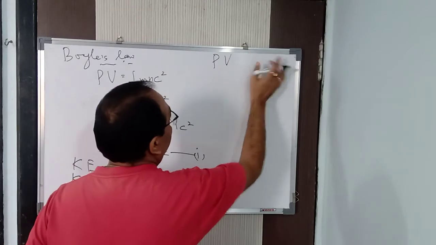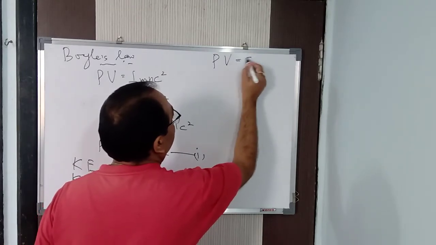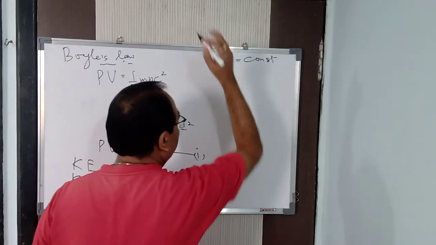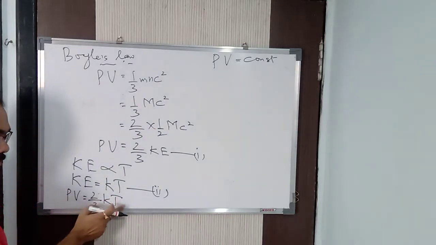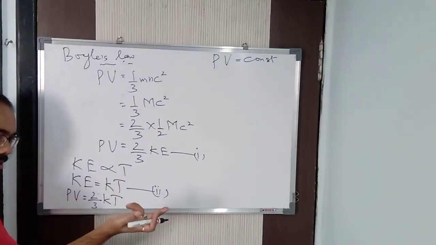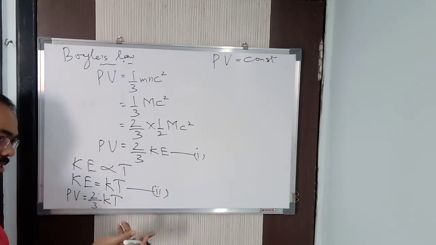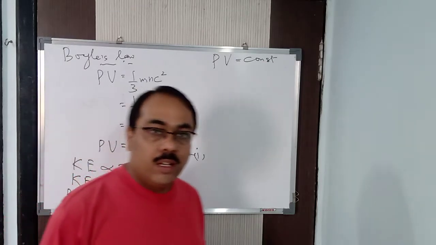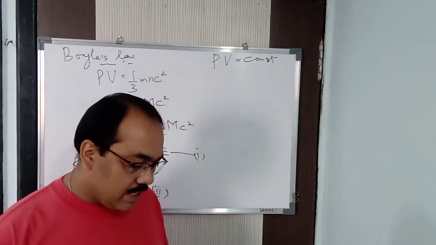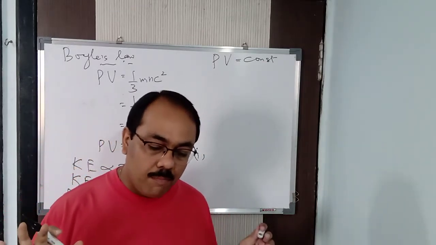You can write PV is directly proportional to T, or we can write PV is equal to constant straight away, because in Boyle's law T is also constant. K is a proportionality constant and 2 by 3 is a constant, so PV is equal to constant. Clear? In this way, this proves Boyle's law.